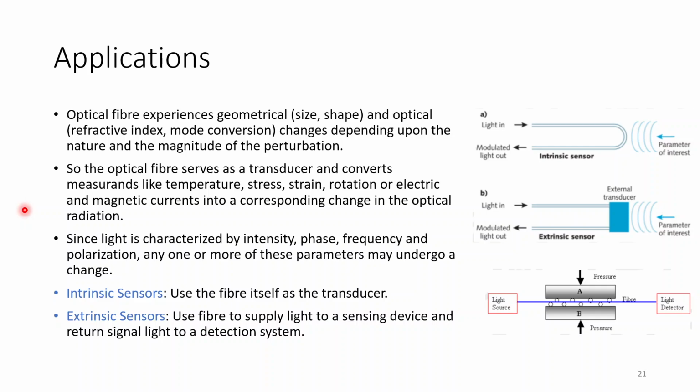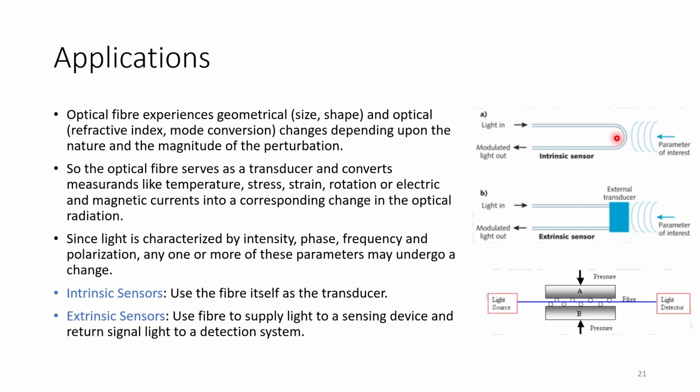Since light is characterized by intensity, phase, frequency and polarization, any one or more of these parameters may undergo a change. In the case of intrinsic sensors, you use the fiber itself as the transducer. So in this case, your light is going in and coming out, and in between you have some parameter of interest.